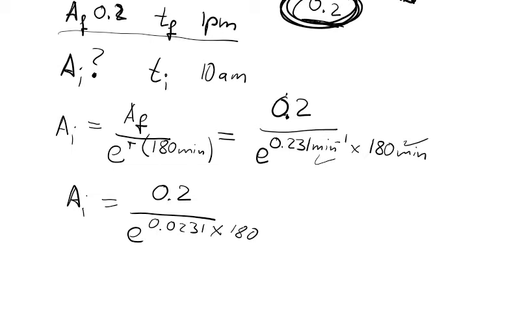Let me see if I can do that in my head. 0.2 divided by 63.9. Is that correct? Has anyone tried?